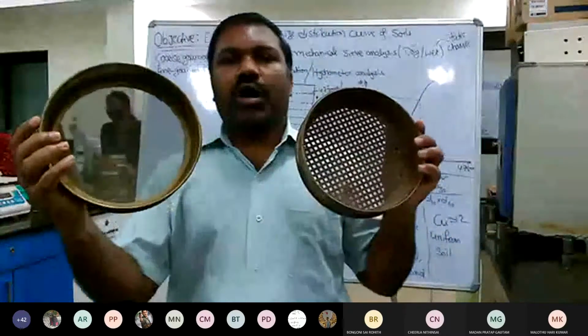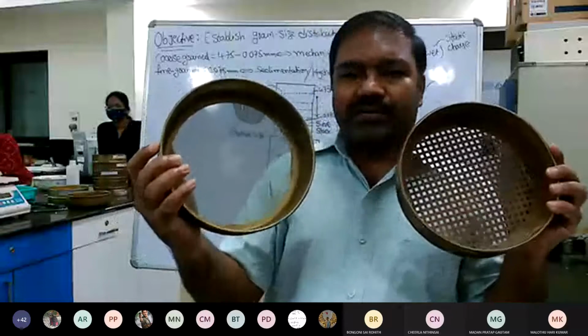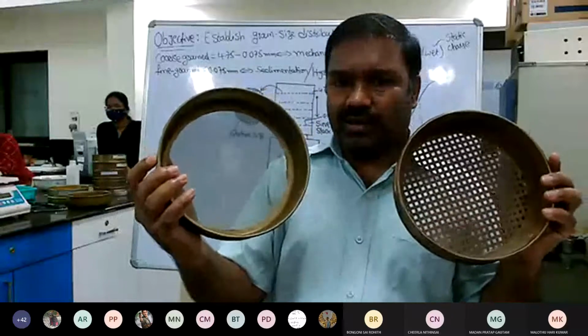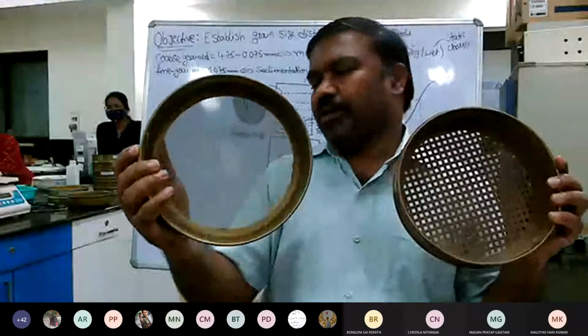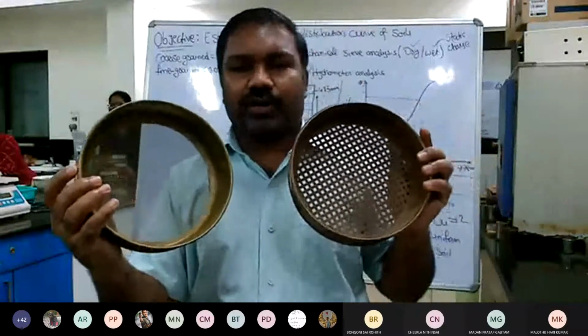But on the right side you can hardly see the aperture, because its size is in microns, 0.075.